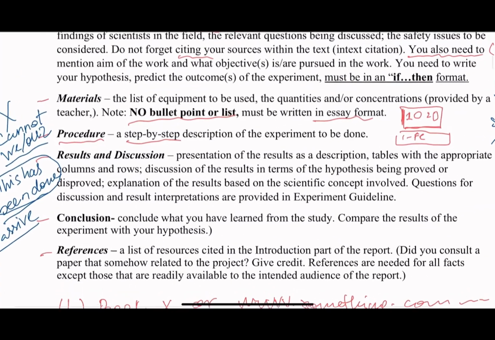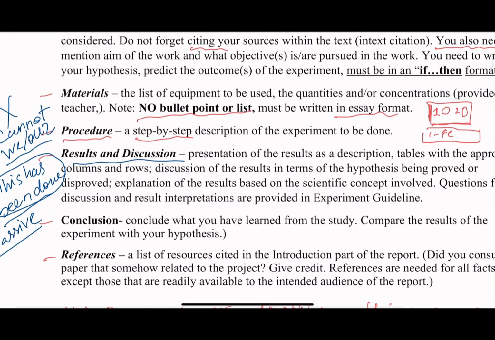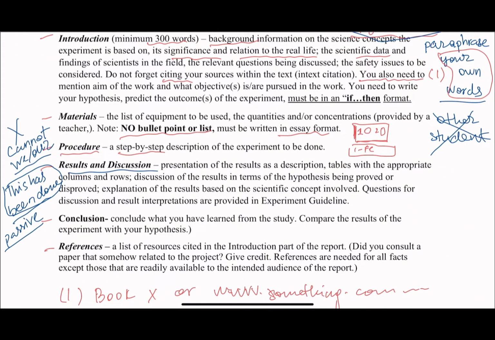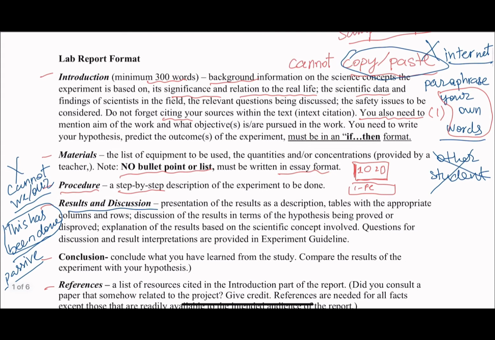In your results and discussion, you need to present your results and talk about them. In the introduction, I forgot to mention, you also need to talk about your objectives, which is your aim, and that will be included in the introduction. Then you talk about your hypothesis, like your predictions. You say, if we do this, this will happen.